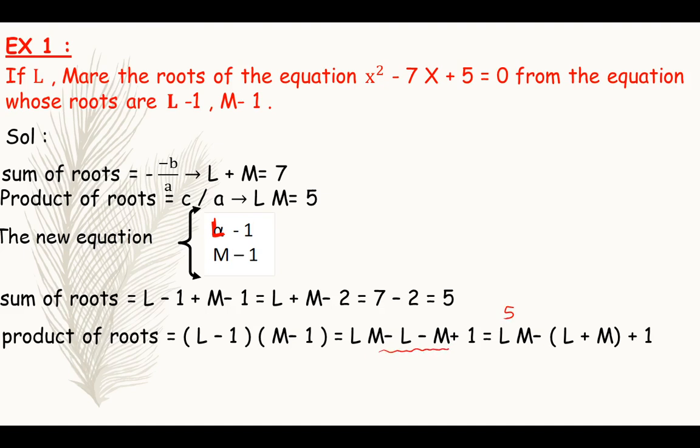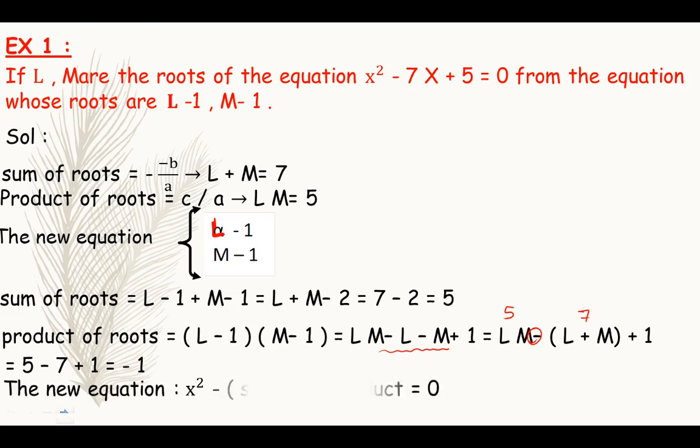Negative L minus m, we are going to take negative as a common factor. So the result will be L plus m, which is the sum of the roots, and we replace L plus m by 7. So the answer will be 5 minus 7 plus 1, which is equal to negative 1. The new equation is x power of 2 minus the sum of roots multiplied by x plus the product equals 0. So the answer for this example will be x power of 2 minus 5x minus 1 equals 0.